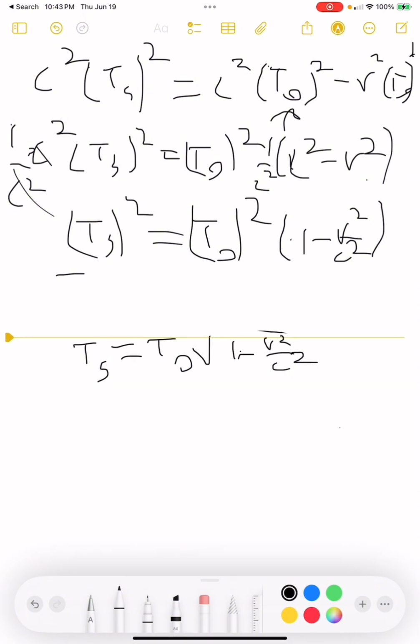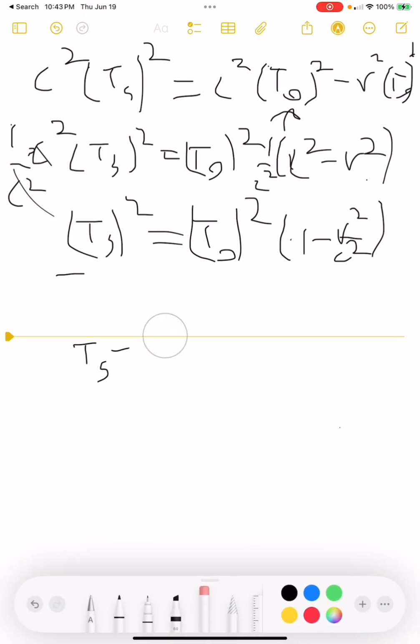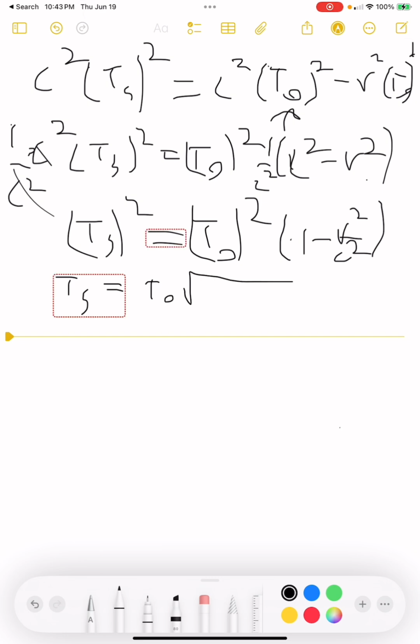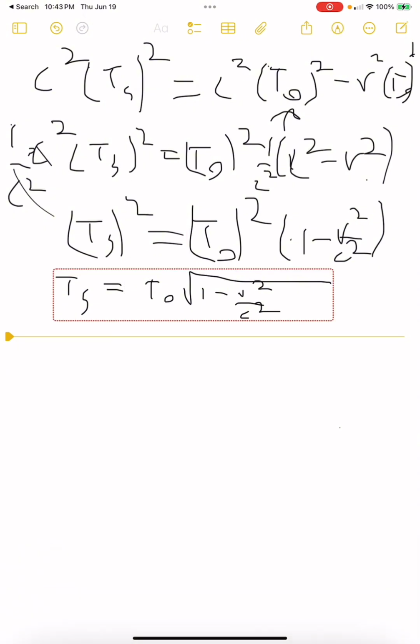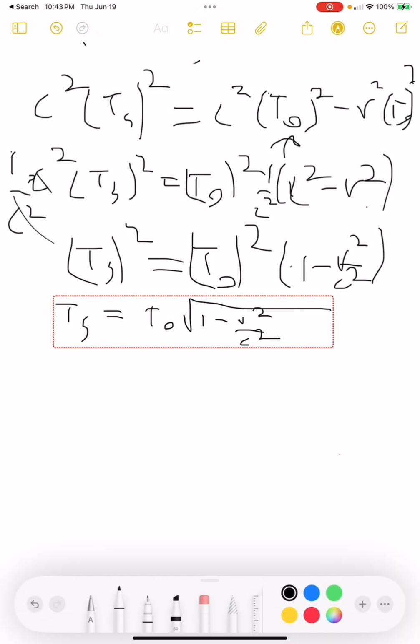Alright, t of s is equal to t of 0 times the square root of 1 minus v squared over c squared. Let's say you are traveling at half the speed of light. We'll put that as 0.5 c.